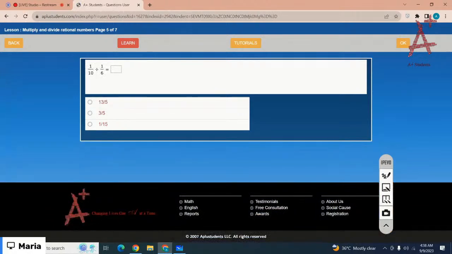Okay, the next one is 1 over 10 divided by 1 over 6. So which is the correct option? It would be 6 over 10, and when you divide them by the common factor, it would be 3 over 5. So the correct option is 3 over 5.